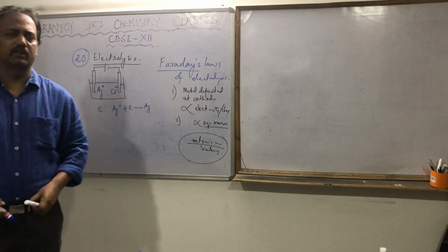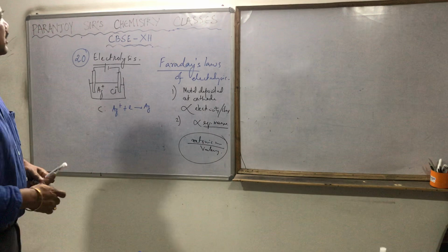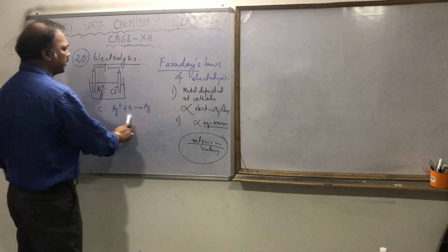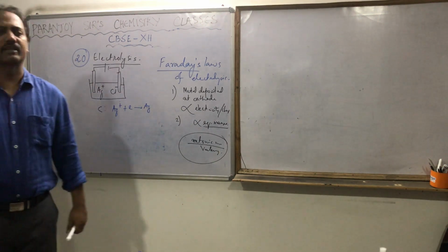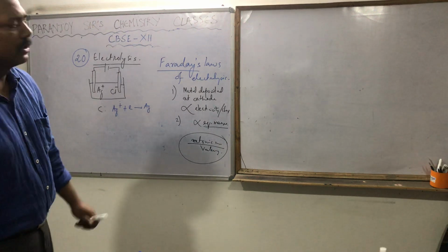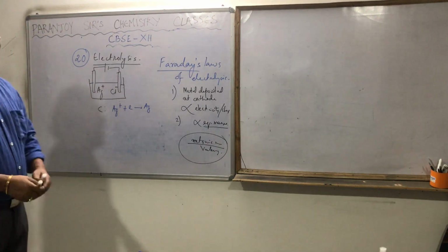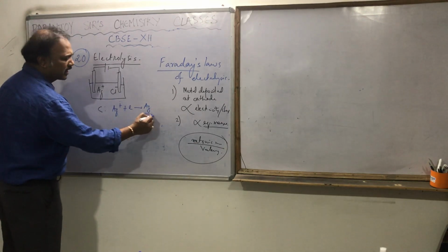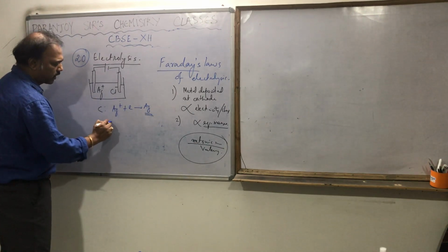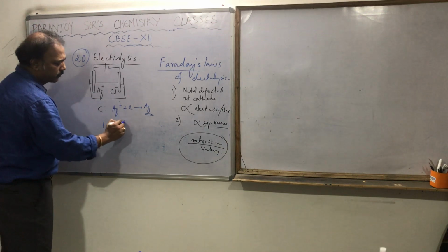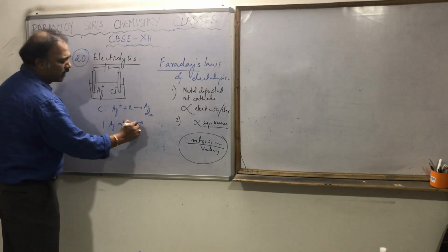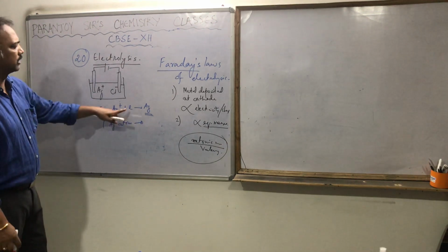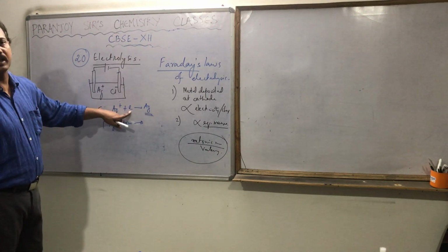Now what does this equation say? This particular equation says that to deposit one silver atom, the amount of charge required is the charge of one electron.